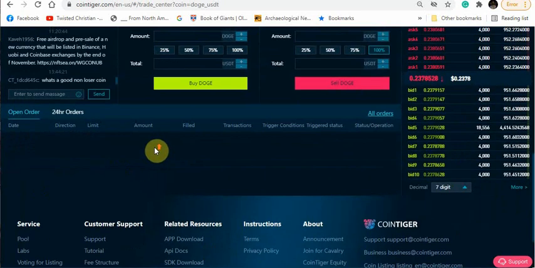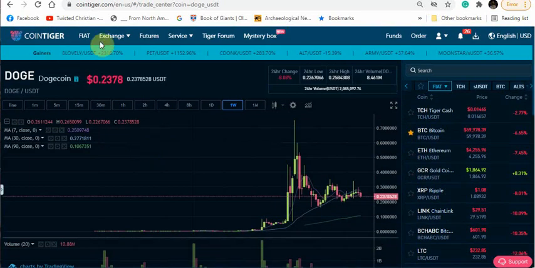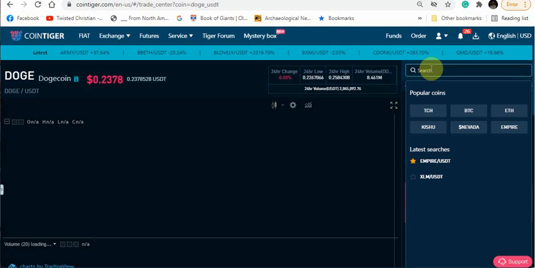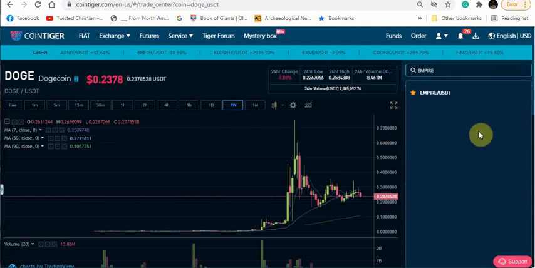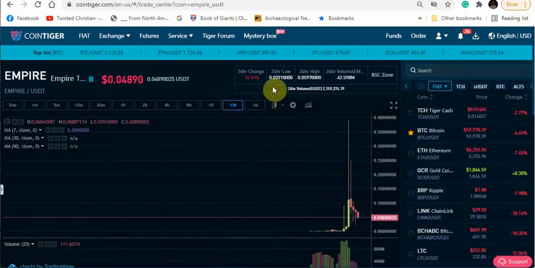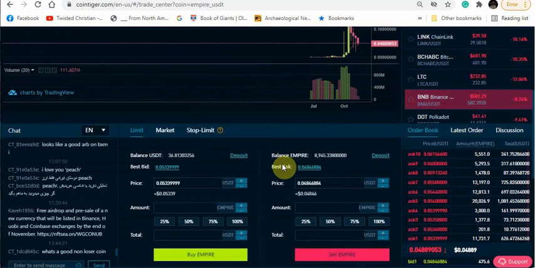Okay, the order sold. All right, let's go to Empire. The 24-hour low was 0.039. It's currently at 0.048. I don't know where this coin is going to go in the next hour.